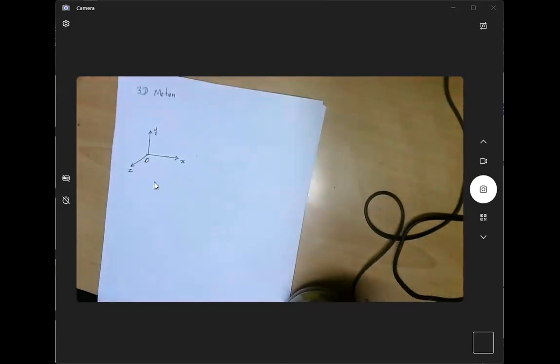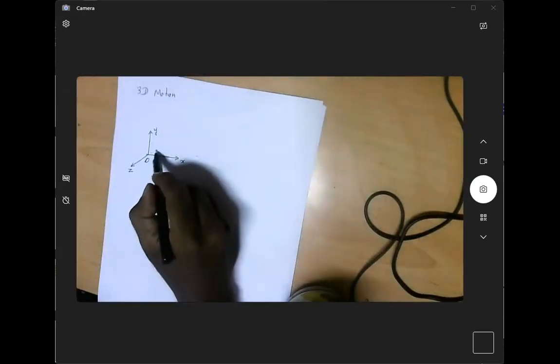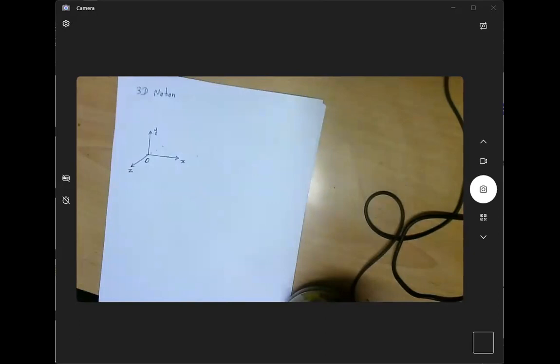Are my coordinate systems correct? Because if you want, you can take this side as z. Is it correct? The coordinate system that I have defined. Are the directions okay?